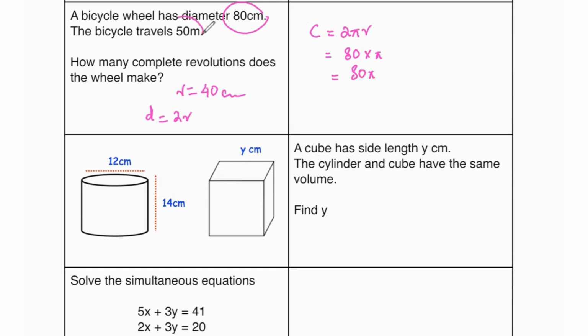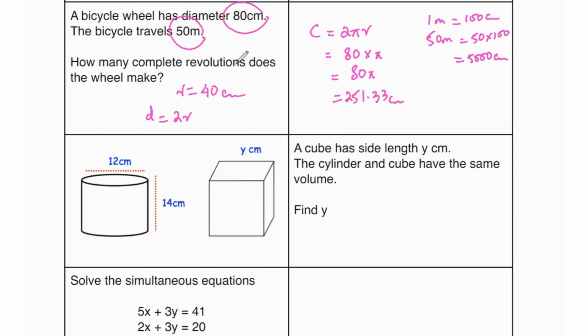And the bicycle is traveling 50 meters of distance. So we can either convert the centimeters into meters or the meters into centimeters. I'm going to convert 50 meters into centimeters because 1 meter is 100 centimeters. So 50 meters is going to be 50 times 100, which is 5,000 centimeters. Now, 80 pi is basically 251.33 centimeters.